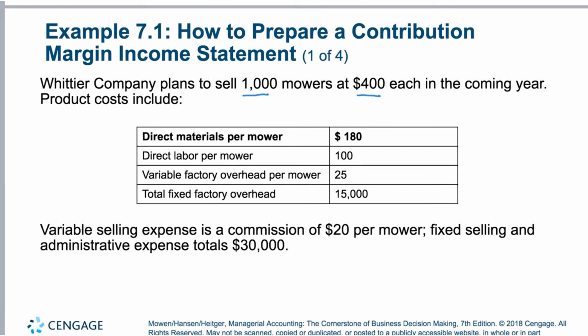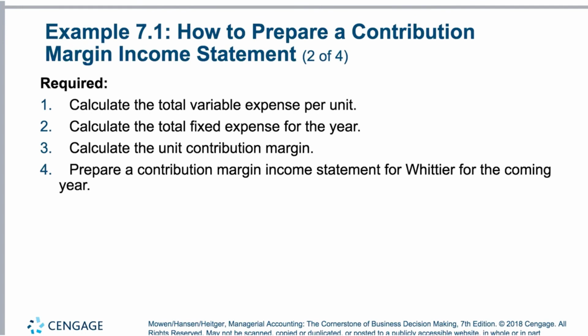And for some reason, they give you some of the other variable expenses separately, and then the fixed selling and administrative is $30,000. So this is the beginning of our little example here. We are going to need to calculate the total variable expense per unit, the total fixed expense for the year, and the total unit contribution margin.